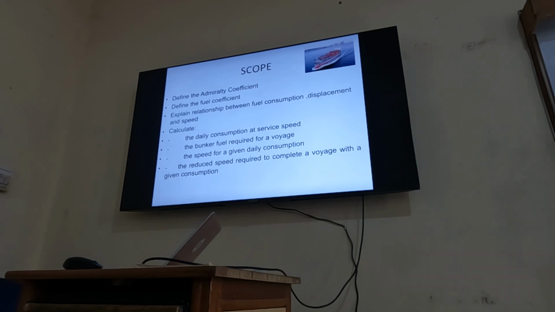For example, if I am moving the vessel at speed v and the resistance offered by water to the hull, just as an example, let us say is 1000 newtons.